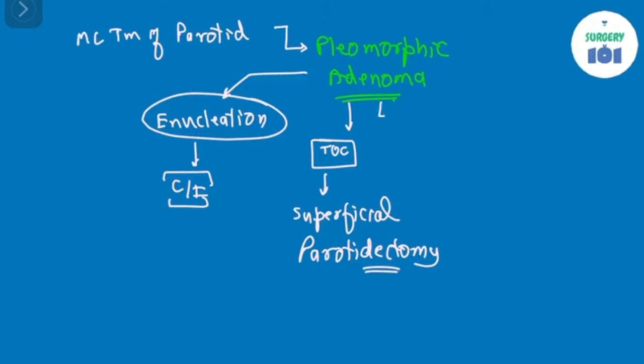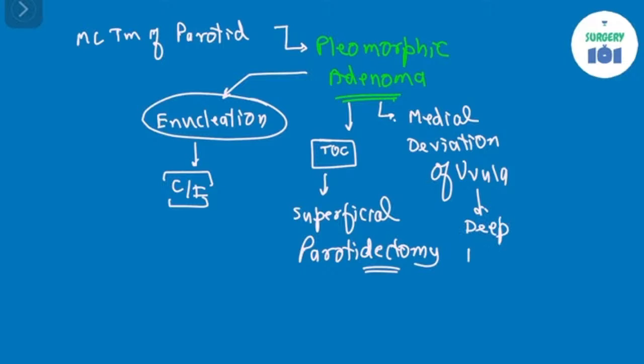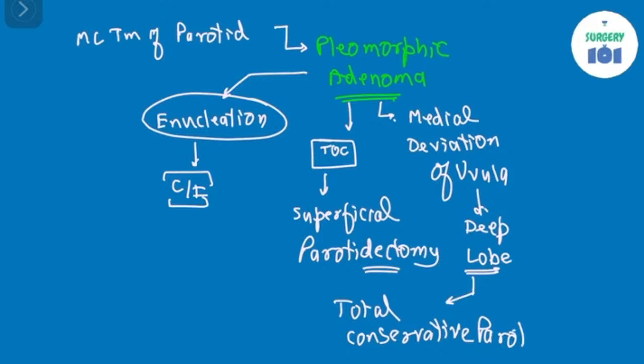If at all they tell you that there is a medial deviation of the uvula, then what you need to understand is that this is an indicator that the deep lobe might be involved, and because of this, you have to go in for a total conservative parotidectomy.